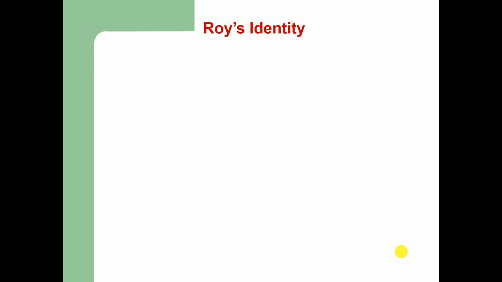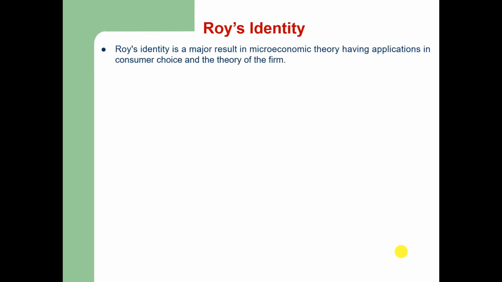Now we discuss Roy's identity. Roy's identity is a major result in microeconomic theory, which has applications in consumer choice and the theory of the firm.